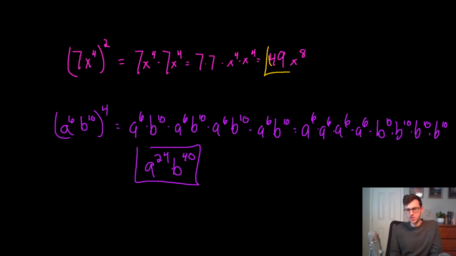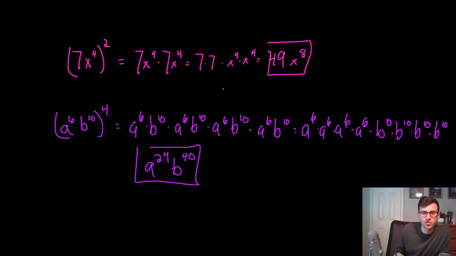Okay, this is all well and good, but can I do this an easier way? Surely. Do you notice a pattern? Well, maybe you did. I have here, this is 7 squared is 49.